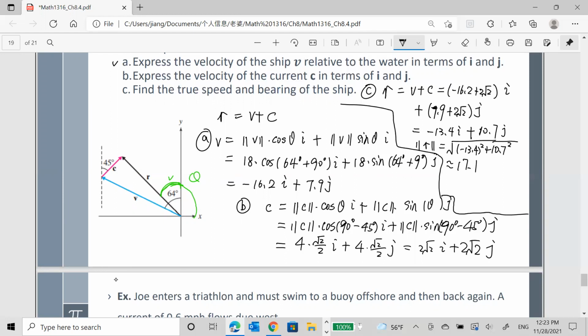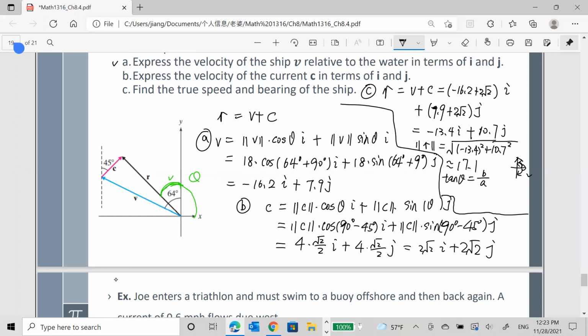So how about the theta? Tangent theta equals B over A. So B is 10.7, A is negative 13.4. And this is a negative angle. The calculator gives us the angle for inverse tangent here, in the first quadrant.